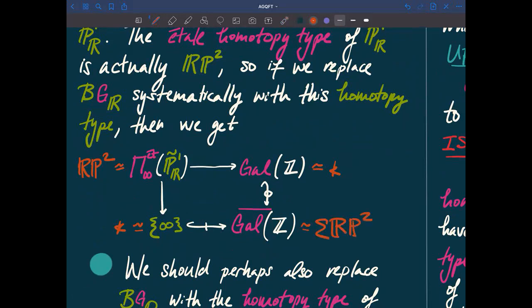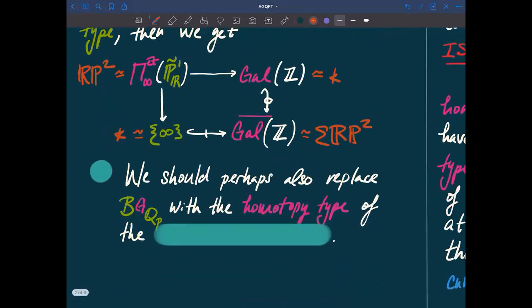And this looks, well, it's still not what you'd call a compact 3-manifold necessarily, but it's a heck of a lot closer. It's at least got cohomological dimension 3. And so this is a much more promising object. By the way, I'll just make a little sidebar here, which is that it would make sense also to take the BG_{Q_p}s that are appearing as the deleted tubular neighborhood of those knots and replace those homotopy types with Fargues-Fontaine curves.